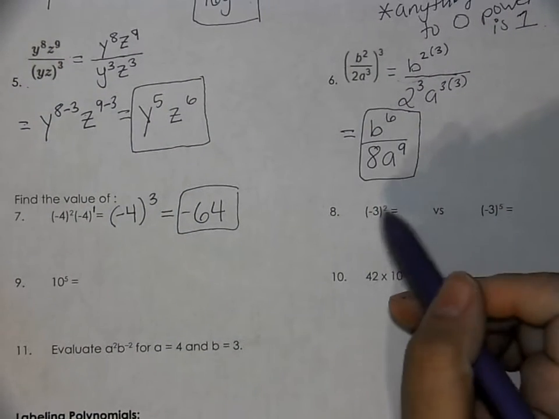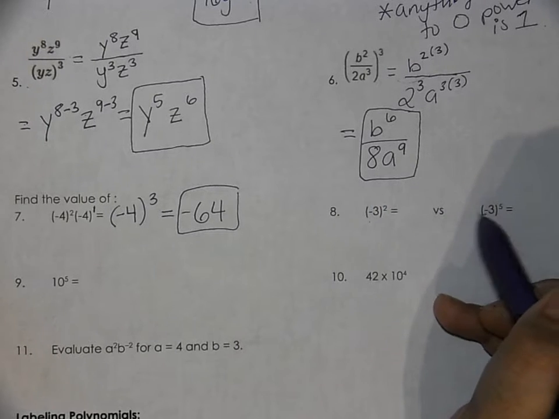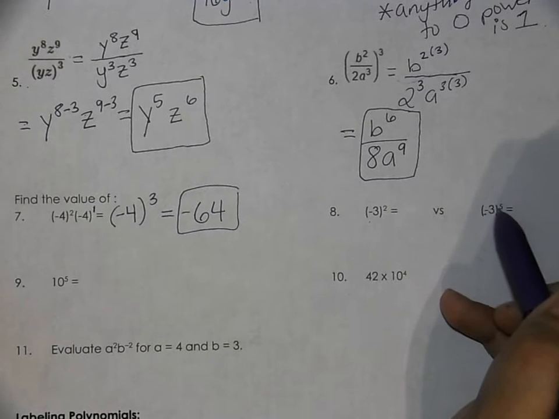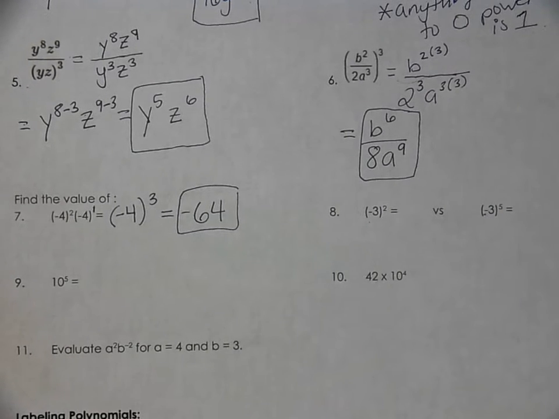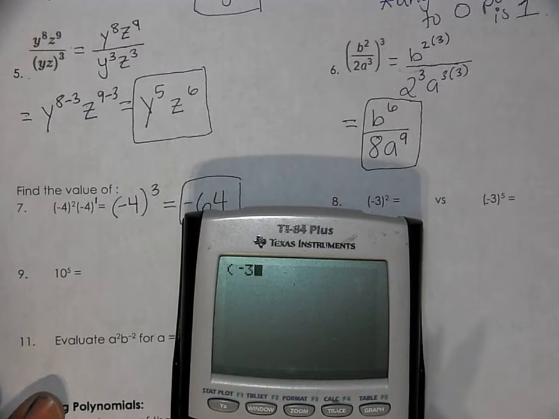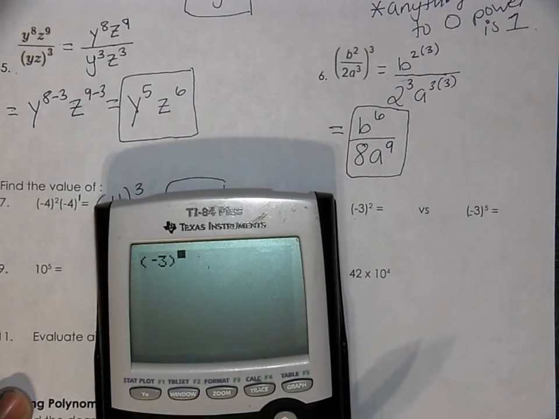Same idea on this next one for number 8. Both these numbers are -3. One has an even exponent like a 2, one has a 5. But you can, again, use your calculator to help you here. You don't have to do this without a calculator, but please make sure you use parentheses. Without parentheses, you will get one of them wrong potentially.